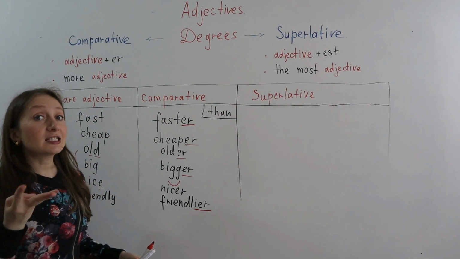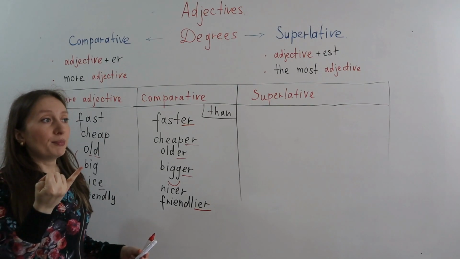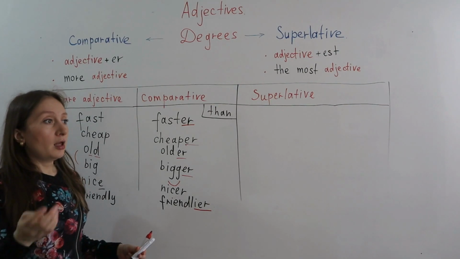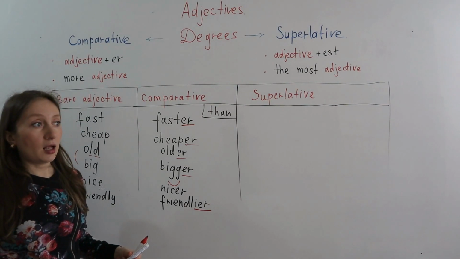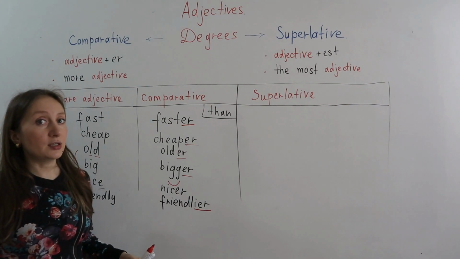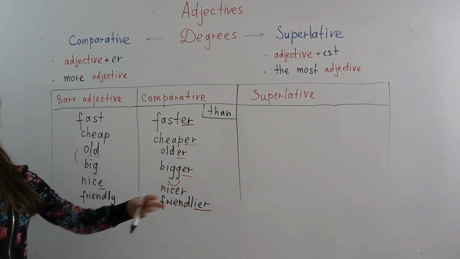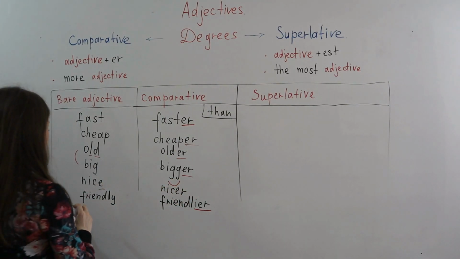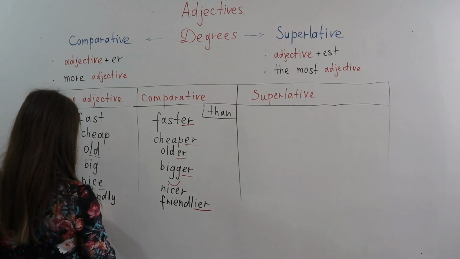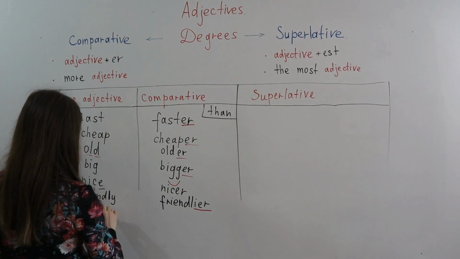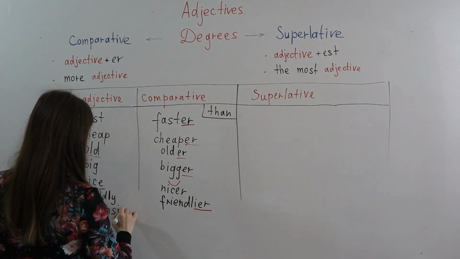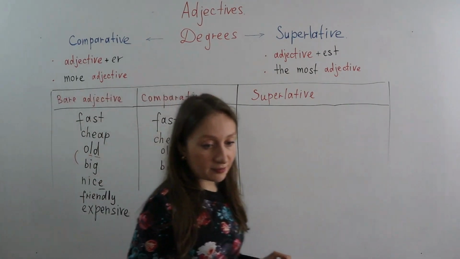For example, expensive, beautiful, interesting, right? Necessary, 4, 3 syllables. So they are long adjectives. Let me write the one here. Expensive.